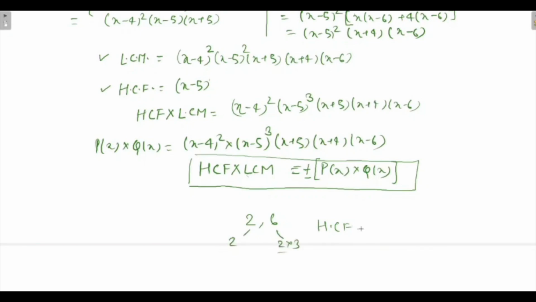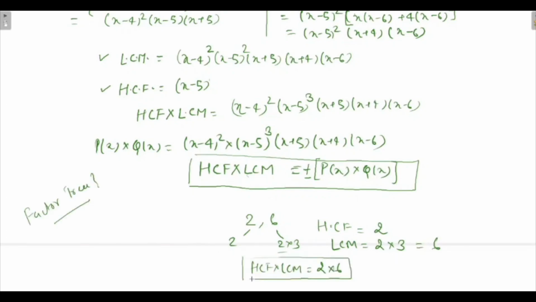So the HCF of these two numbers is 2. The LCM of these two numbers would be, I'll have to write 2 and 3, and then write the highest power of these, which will be equal to 6 here. So HCF is 2, LCM is 6. The product of HCF and LCM would be the multiplication of these two numbers.